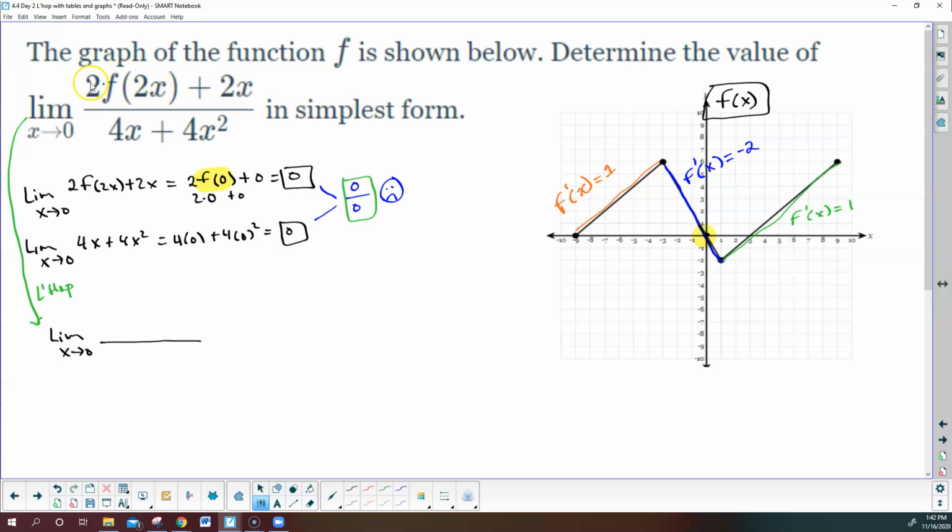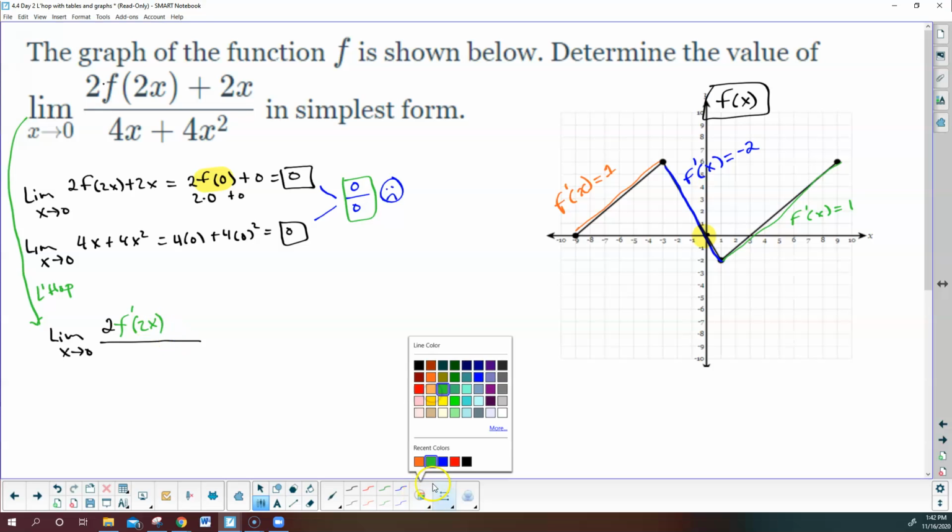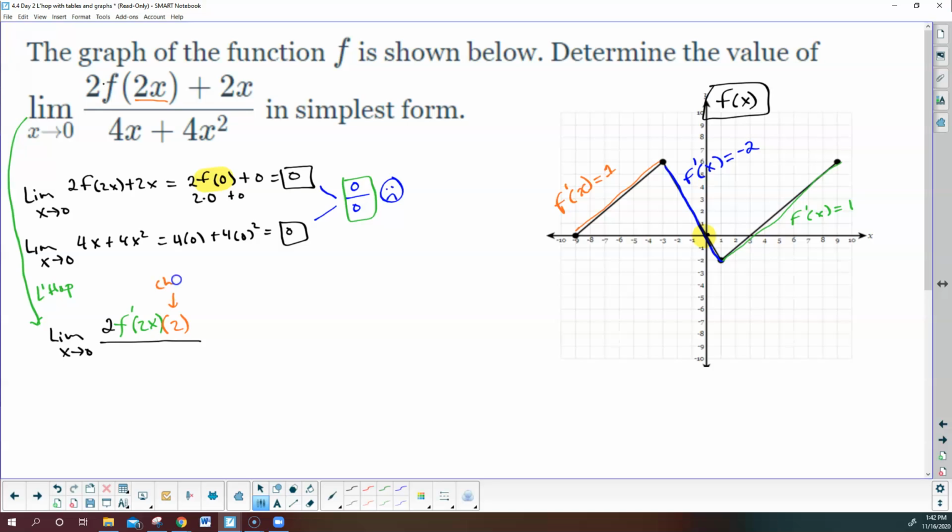So the 2 out in front is a constant. That's going to stay. But then I'm going to multiply by the derivative of the outside. The derivative of f is f prime. We're going to keep the inside exactly the way it is. But then I have to multiply by the derivative of the inside, which is 2. That's my chain rule.